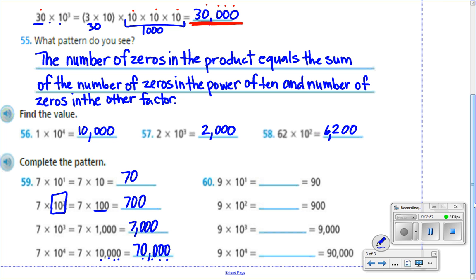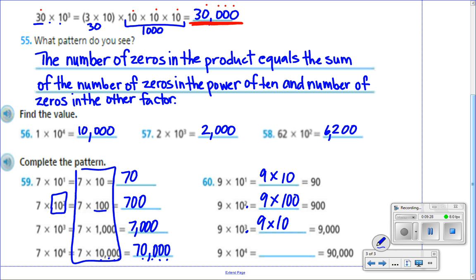So let's try this again. Now, over here, you're going to complete the pattern. You're going to be filling in this part over here. 9 times 10 to the 1st power is also 9 times 10. 9 times 10 to the 2nd power is 9 times 100, because we know that 2 means 2 zeros. 9 times 10 to the 3rd, we know 10 to the 3rd is 1,000, and 10 to the 4th is 10,000.